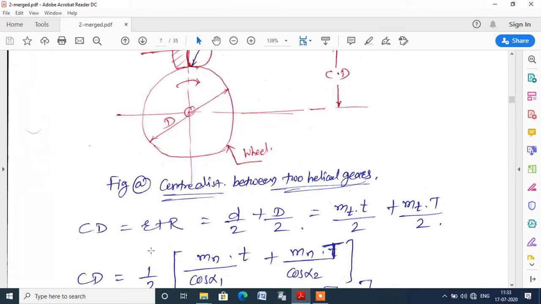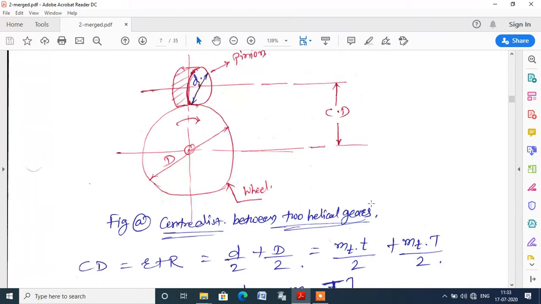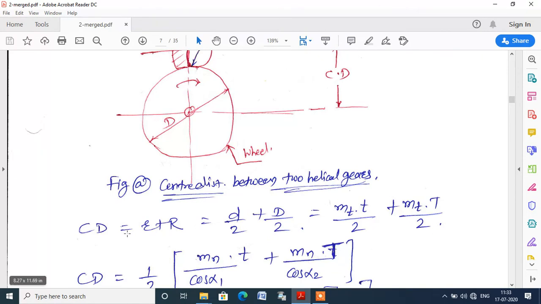We know that small r we can calculate in terms of module, so that is mt into t by 2. Already I told you, for helical gears we have to consider the transverse module. So mt into small t divided by 2, plus mt into capital T divided by 2. Small t is the number of teeth on the pinion and capital T is the number of teeth on the gear wheel.